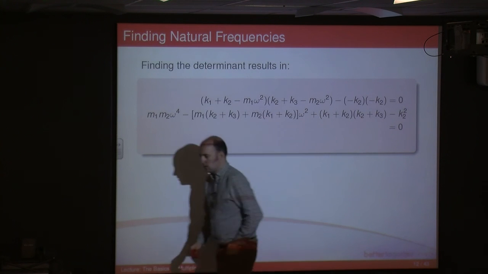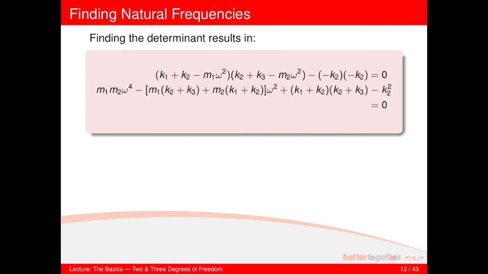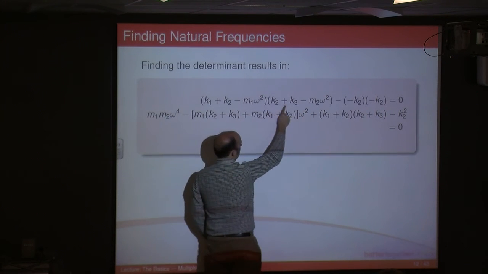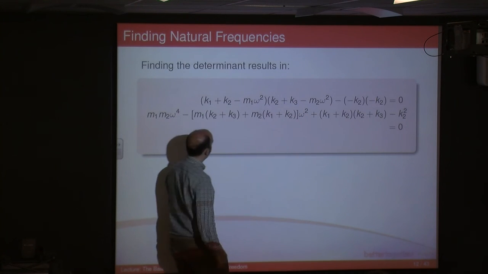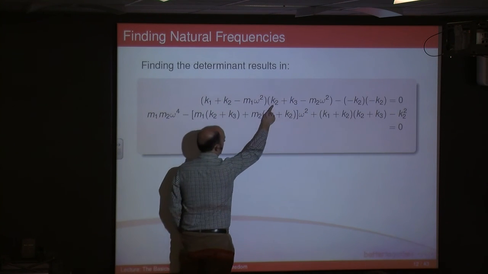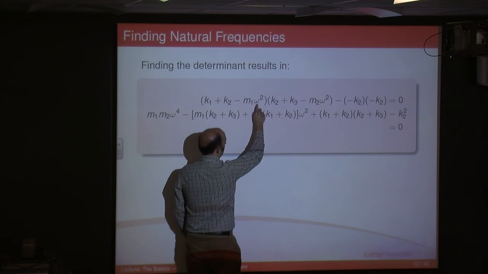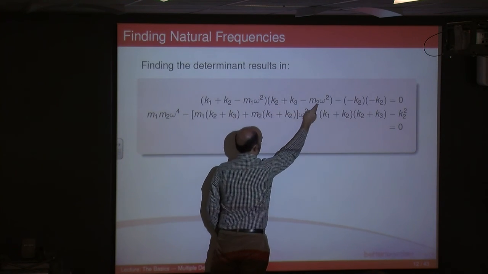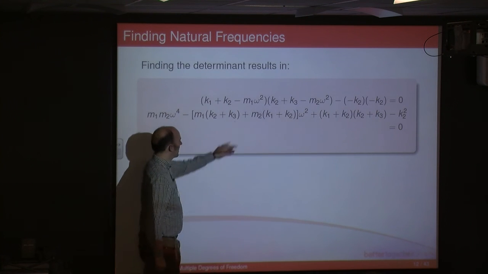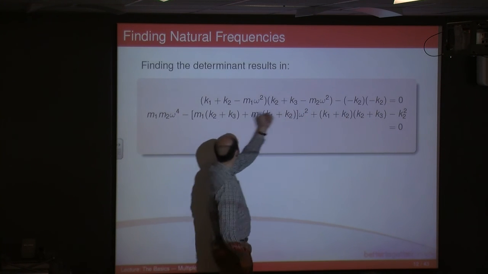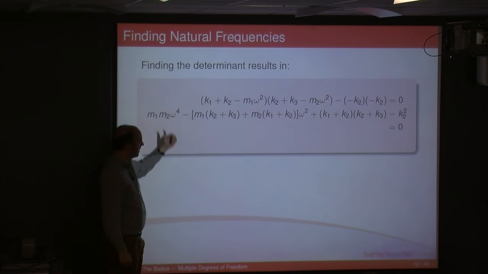I shan't bore you with the maths, but it's quite straightforward to multiply out those terms. To start off with, you take k1 and multiply it by this and this, k2 multiplied by this and this, and then minus m1 omega squared times this times this. You can see quite clearly that this bit times this bit will give you the first term.